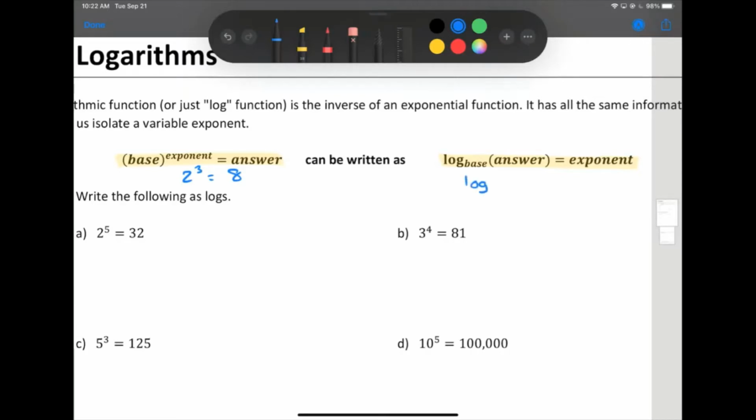Log base 2, because that was the base on our other side, of the answer equals the exponent. So this is a way of letting us rearrange to express the exponent by itself, especially if the exponent is an unknown. But before we get there, let's just look at some really easy versions.